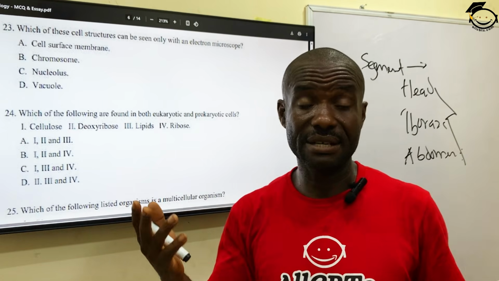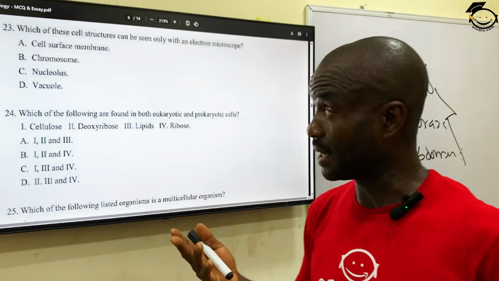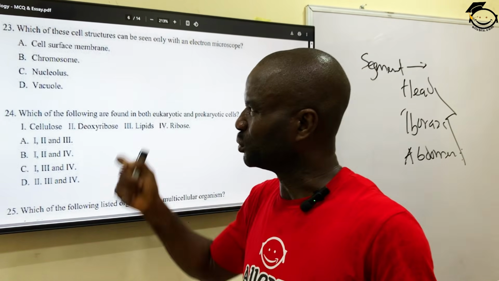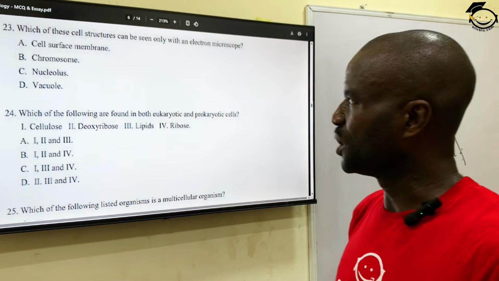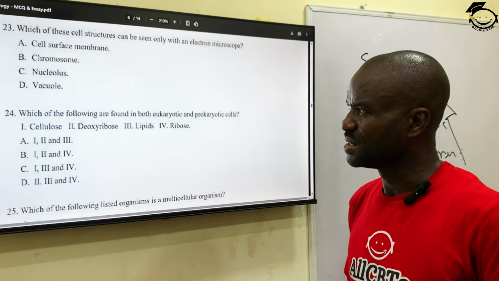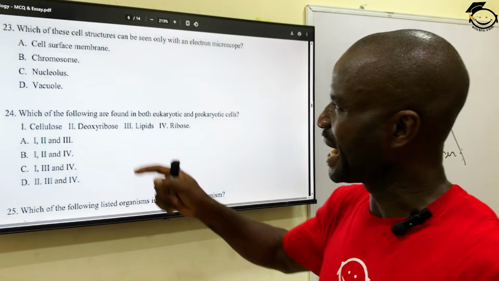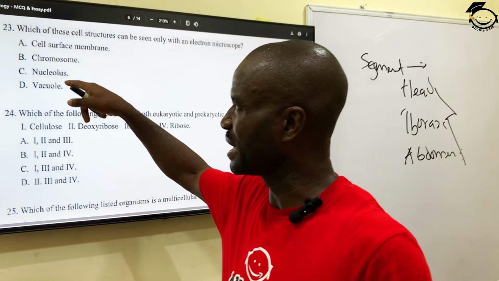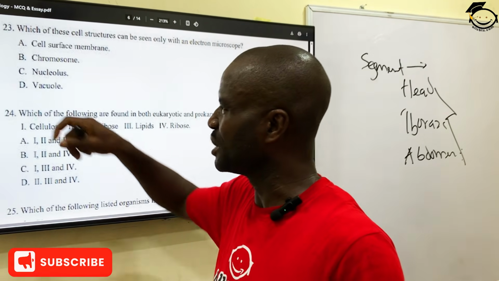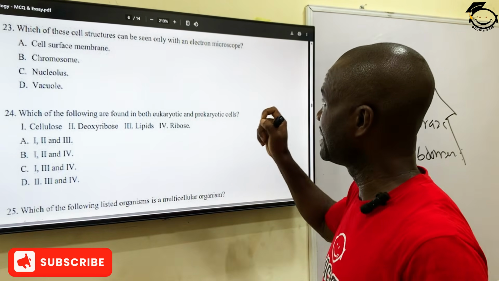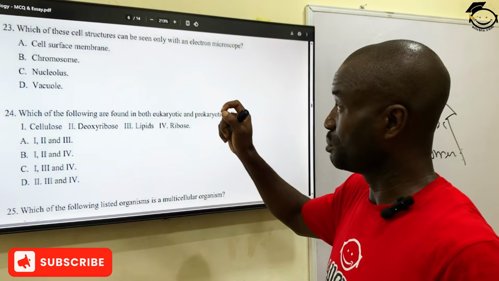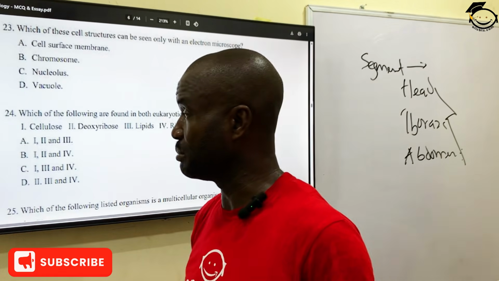We can easily see cell surface membrane. B, chromosomes, C, nucleolus, then vacuole. The smallest of these organelles is the chromosome, which will need the electron microscope to be observed. So the correct answer is B.